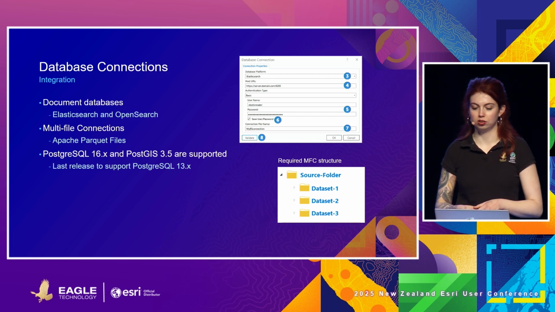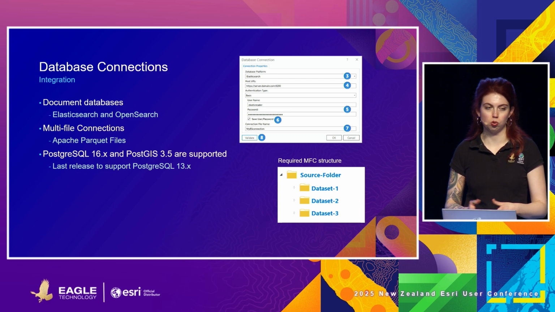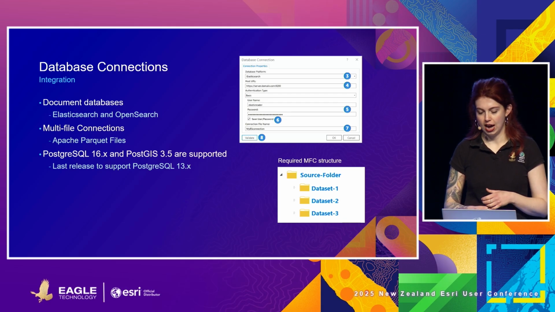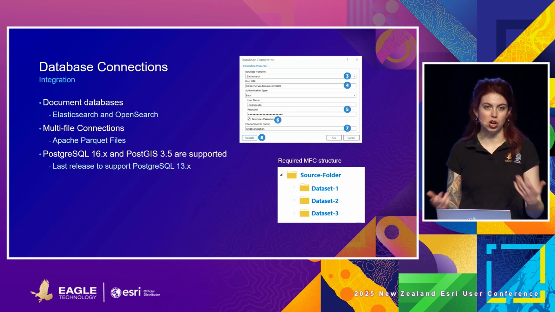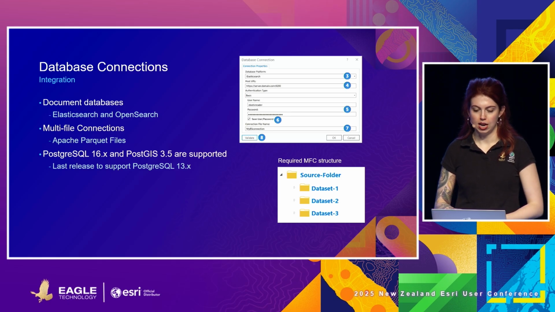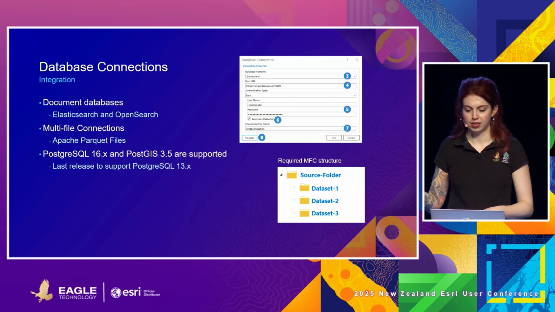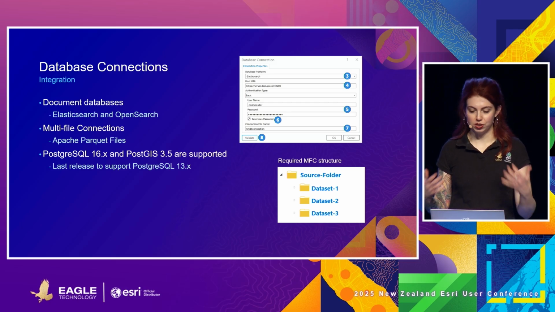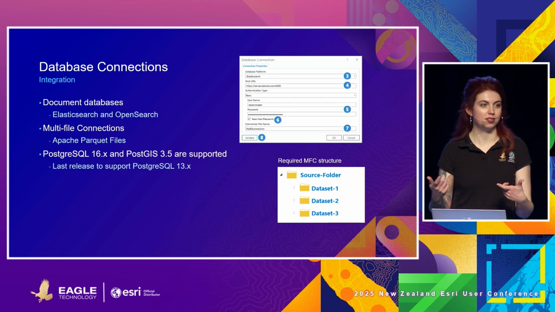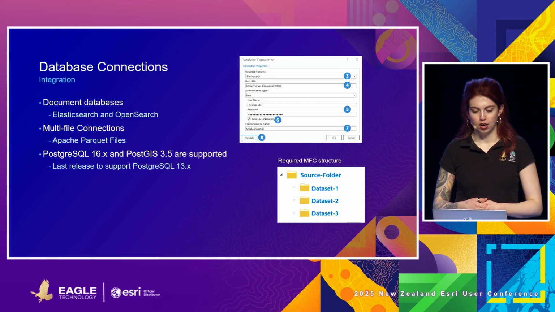So non-relational databases that store markup documents, usually with key value pairs to define data, also known sometimes as a type of NoSQL databases. So ArcGIS Pro now supports Elasticsearch and OpenSearch. And so you can connect to these databases within Pro, and you can actually query the data attributes as well.